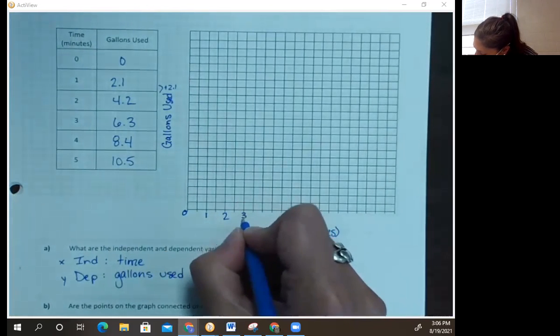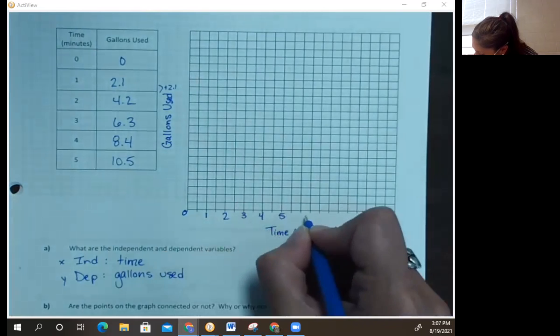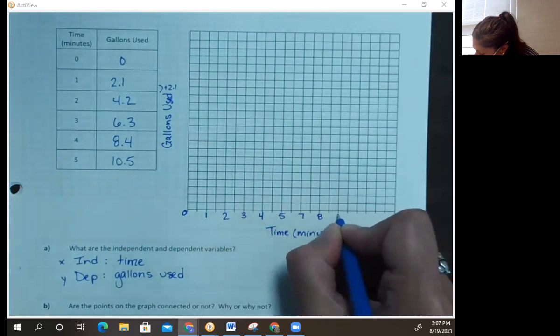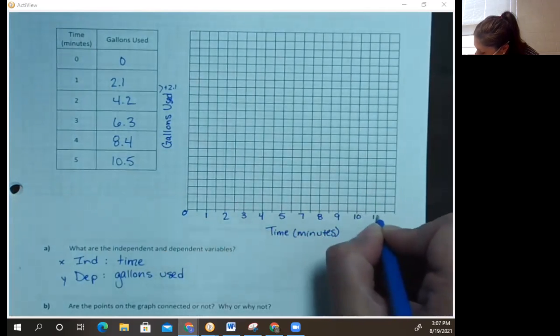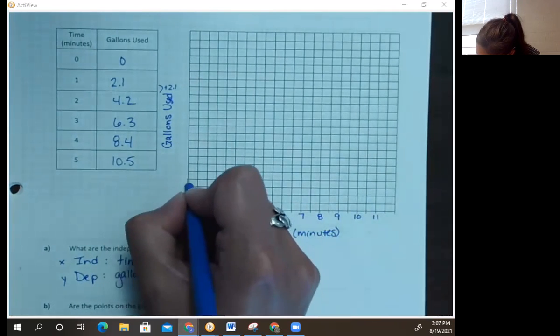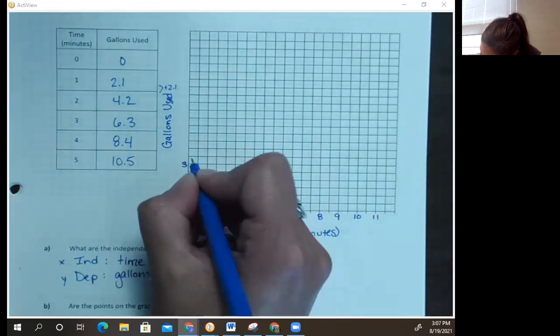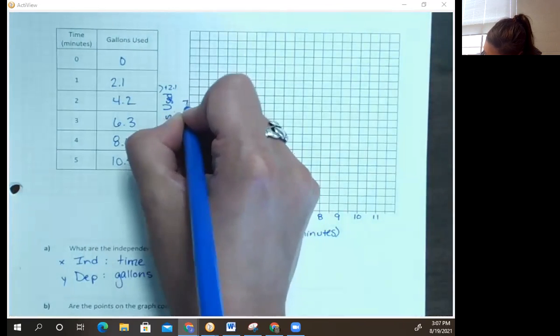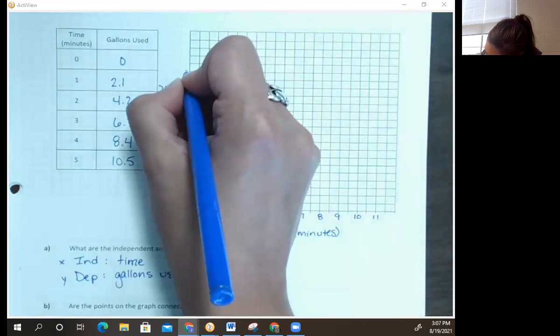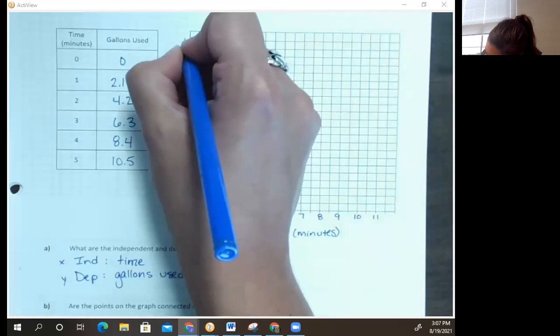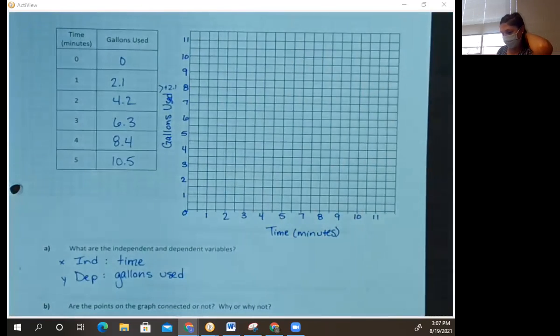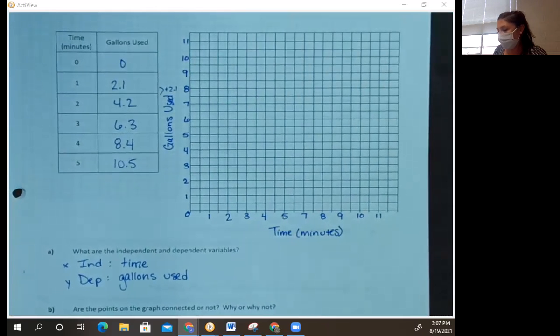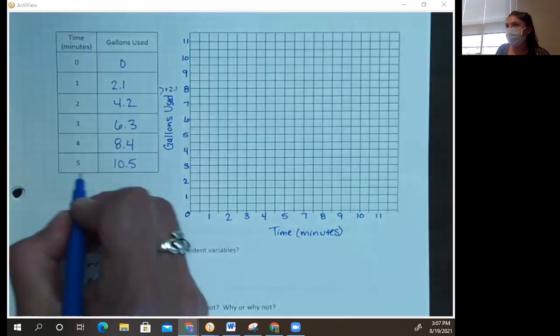So I'm going to label both the X and the Y axis this way.